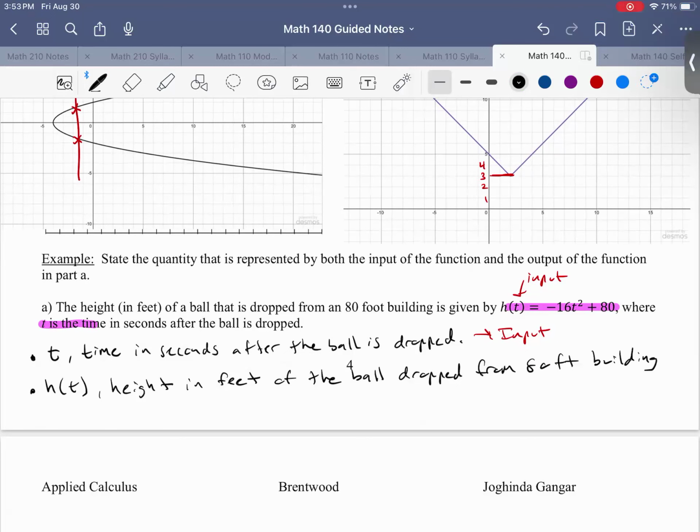Okay, so that's what our inputs and outputs are. So, output. Now that we have that, let's keep moving forward.